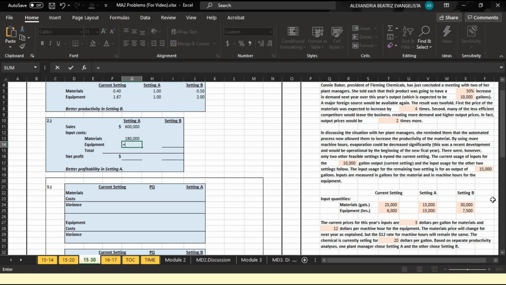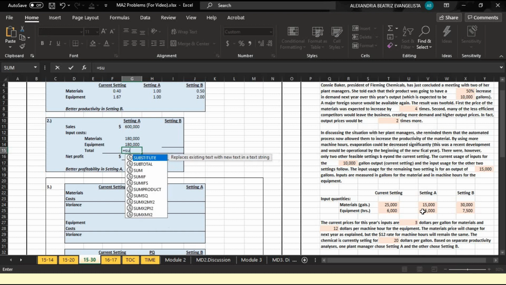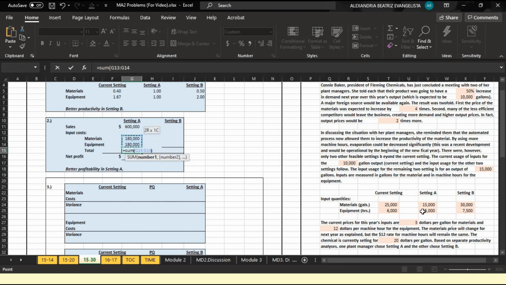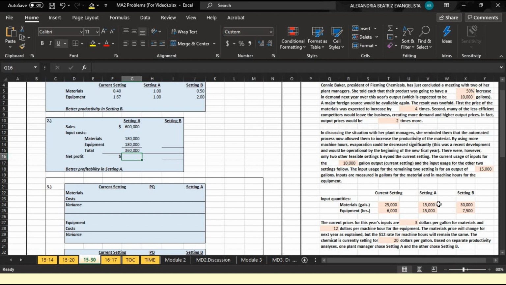And for equipment, we're going to multiply $12 per machine hour by 15,000 equipment hours. That would give us 180,000 as well. So the total input costs for setting A is 360,000, and the net profit is 600,000 sales less the input cost. That would give us 240,000.